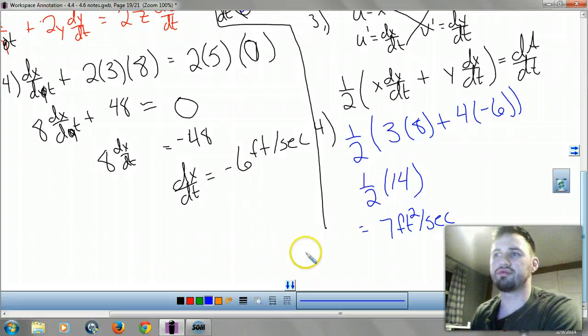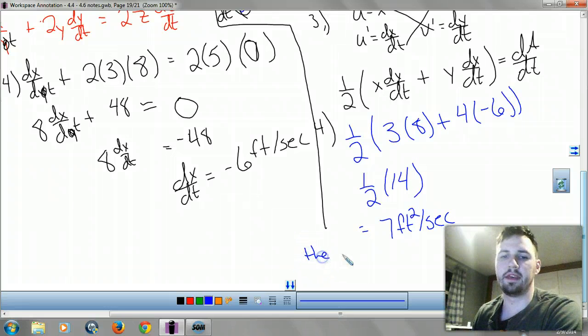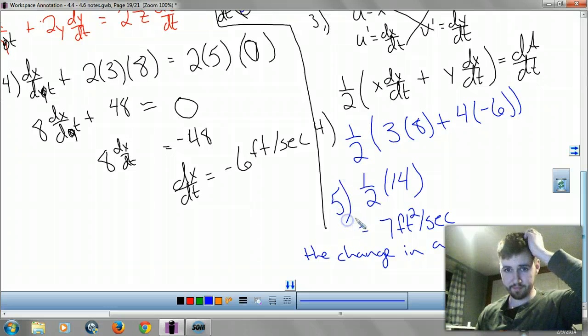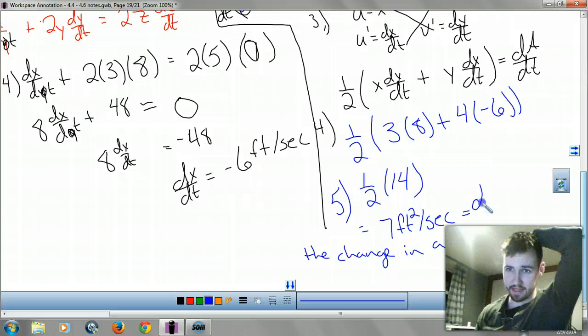That's the change in area, because we're doing number 6 right now. This was 5. So we didn't have to really solve for anything. That's our dA over dt.